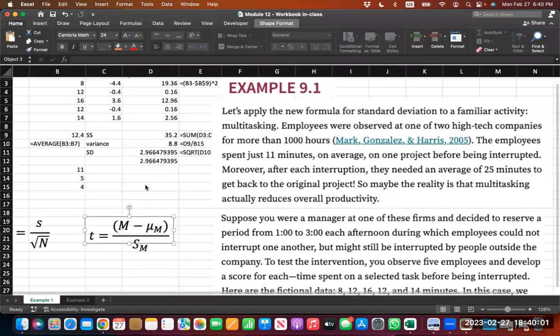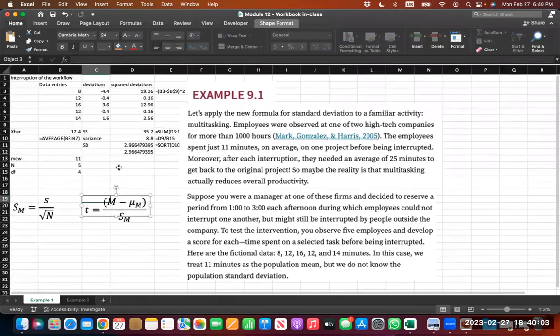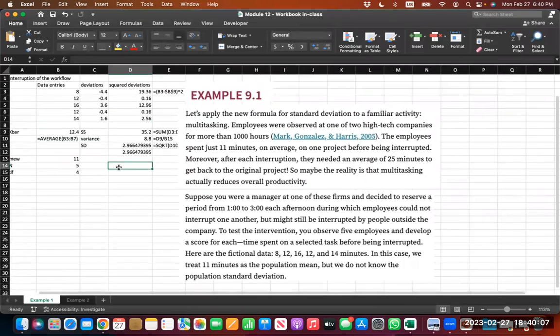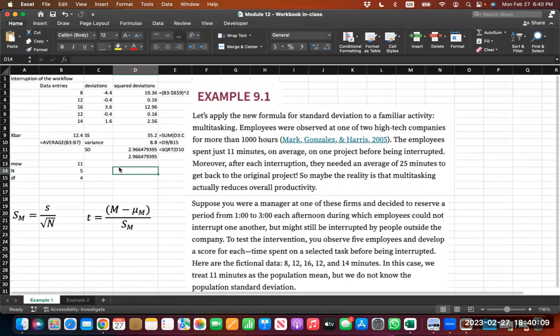So this was now estimated based on the variability in our sample. What does not change is the estimation of the standard error of the mean. So keep in mind, this was sum of squares divided by the degrees of freedom, which is n minus 1.